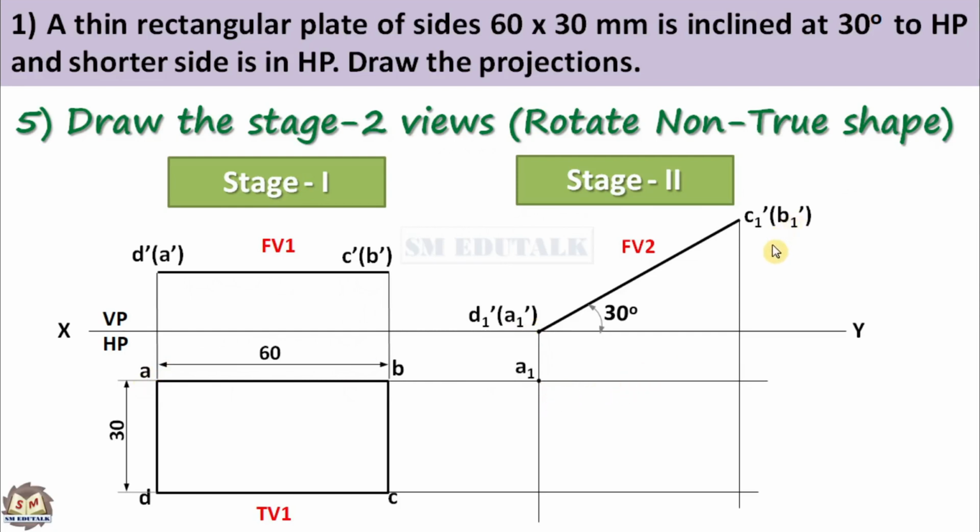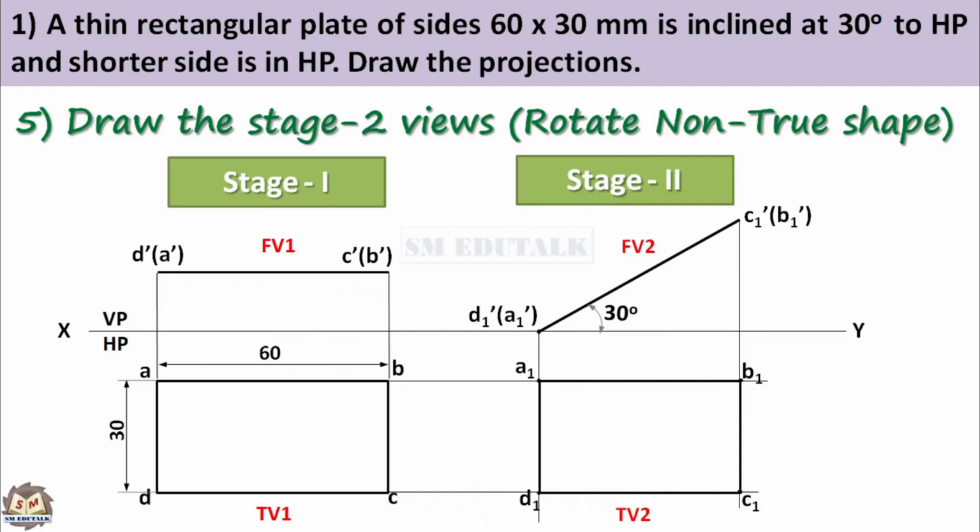Similarly, the B1 dash line and B line intersect here to create a point B1, and the C1 dash line and C line intersect here and create a point C1. Then the D1 dash line and D line intersect here to create a point D1. Join these 4 points by a thick line. You get the top view in stage 2.